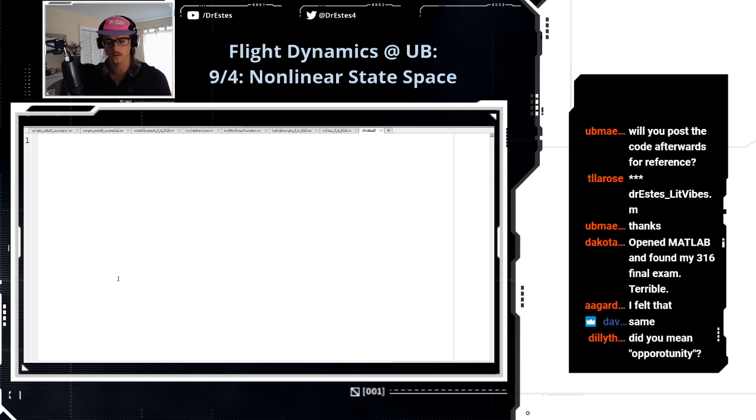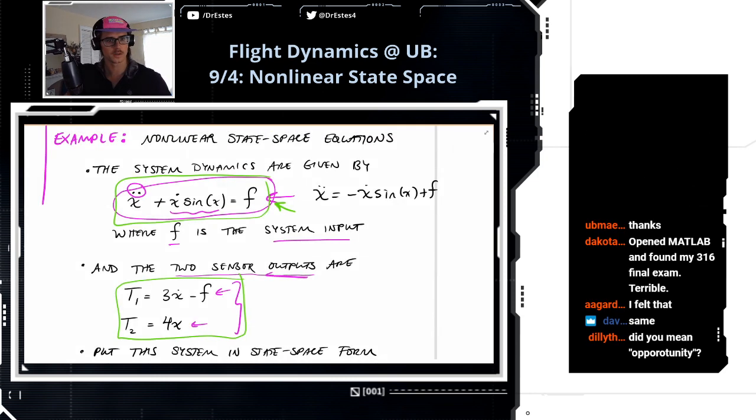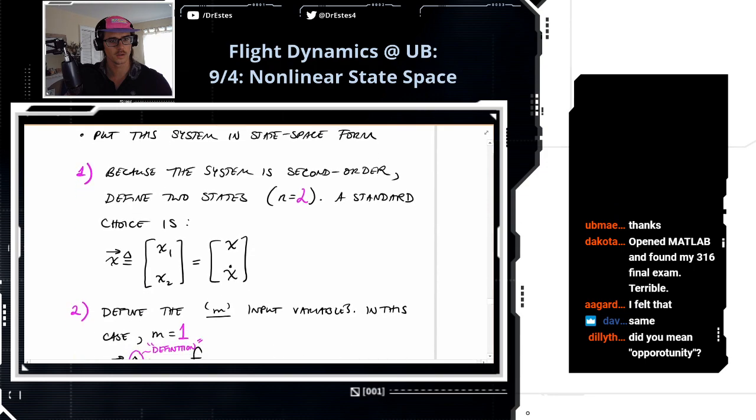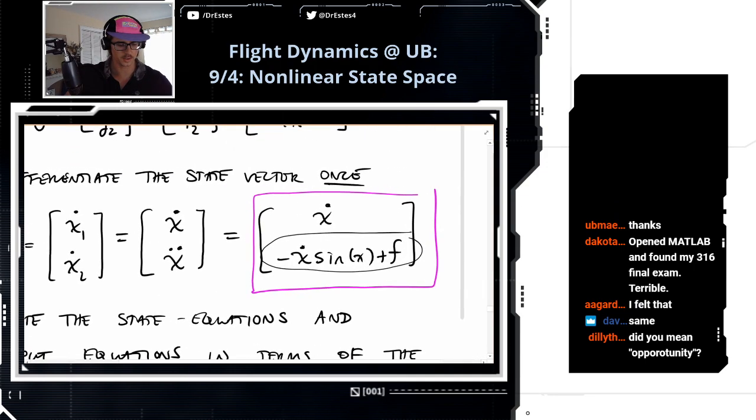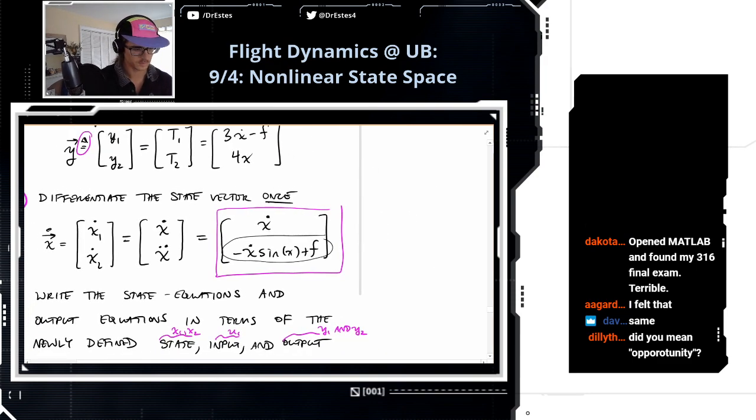Now this new file that I made is going to be a function, and what this function is going to return is the x dot vector. So if I go back to here, you're making a function to return this x dot vector.